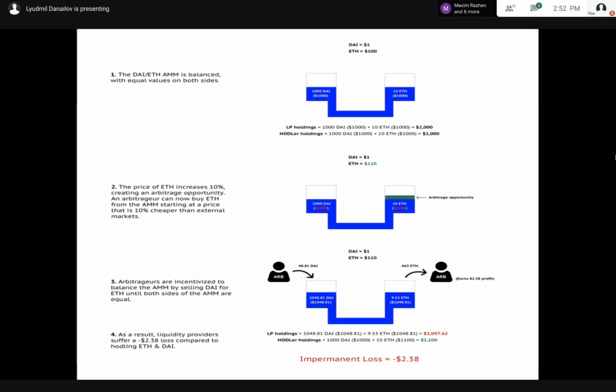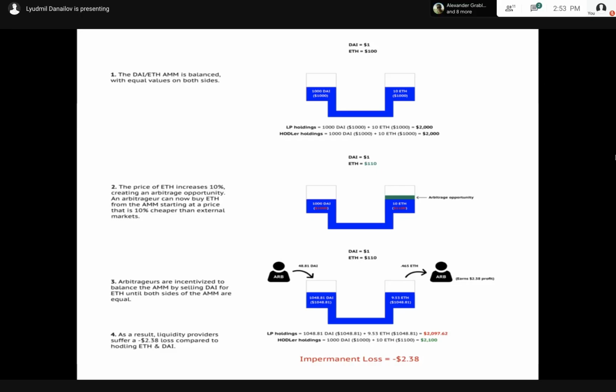But then the price of Ethereum increases by 10% on the external markets, and that leaves an opportunity for the arbitrageurs to dive in and buy Ethereum from the AMM when its starting price is 10% cheaper than that on the external markets.